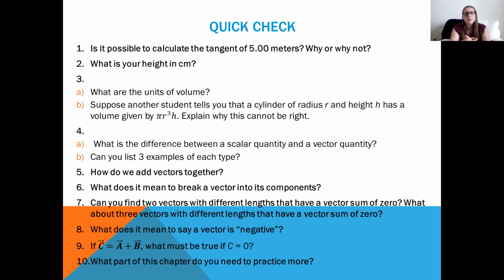So I want to give you a couple of minutes to think through these questions, jot down your responses on a piece of scrap paper or something like that. You don't have to type them into the chat, but I want you to just take a second, think through the material that we've covered so far in chapter 1. It is foundational, so we are going to be building on it a little bit as we go. Okay, I'll stop talking and I'll let you think.